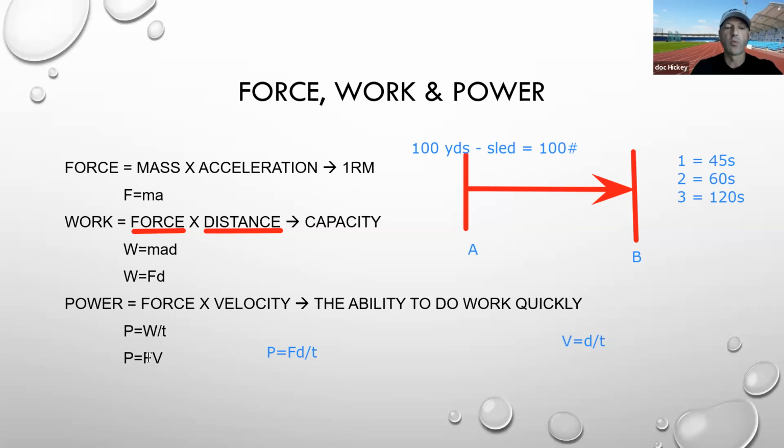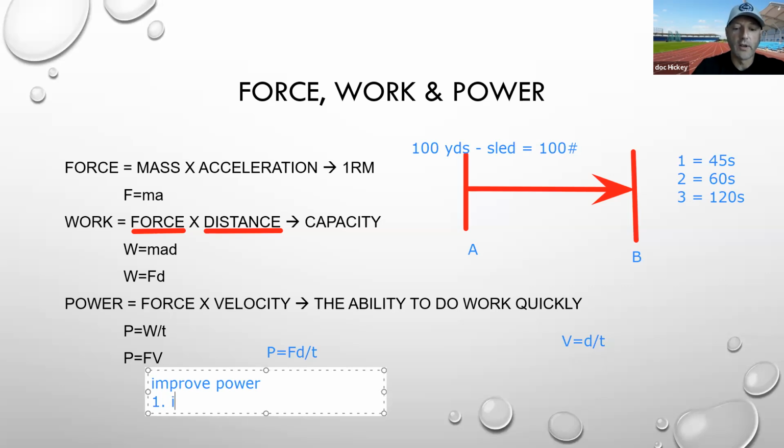And I like this one because when we're looking at it from strength and conditioning, and we're gonna move into that in just a second, we're gonna get away from this science. But here, as a strength coach, if I want to improve power, the first thing I'm going to do is increase my ability to generate force.